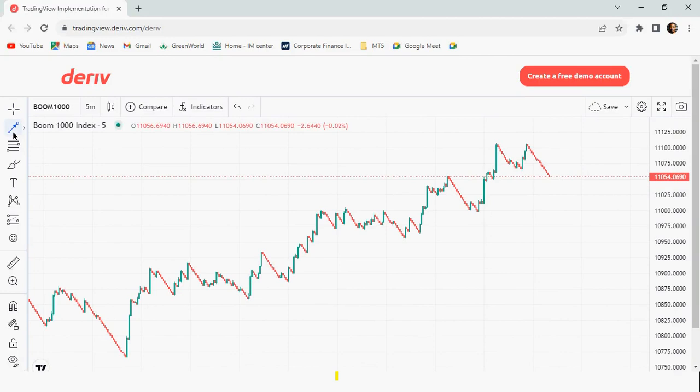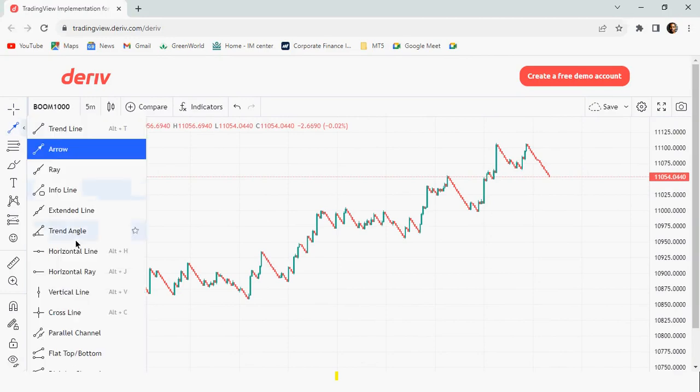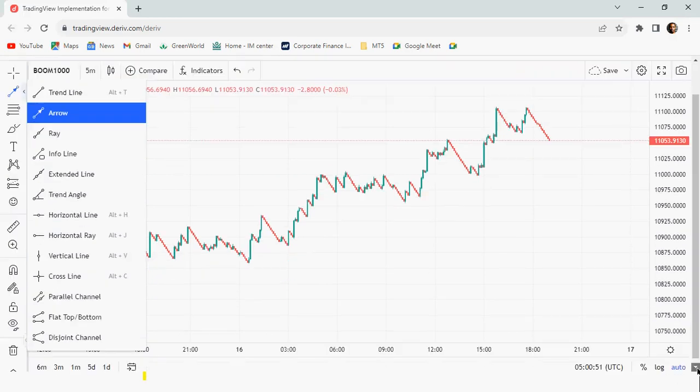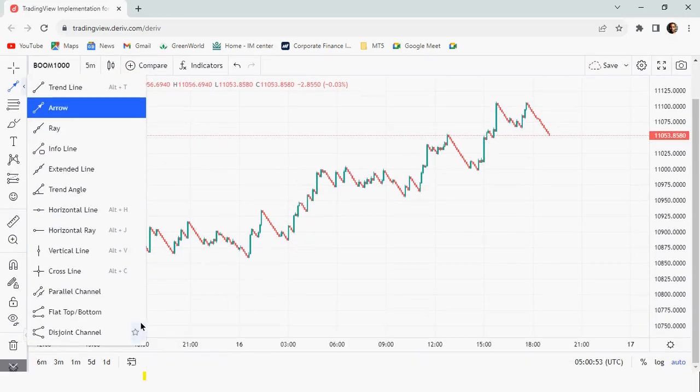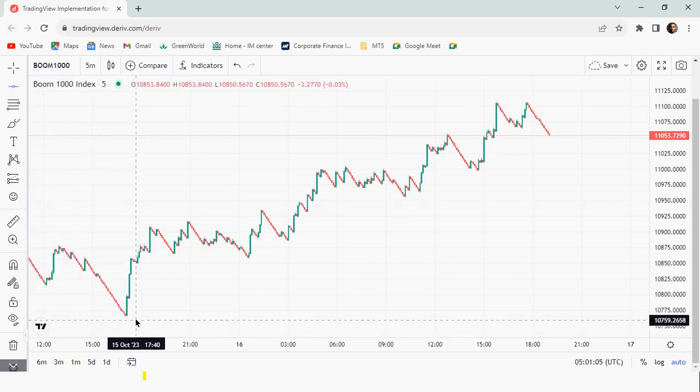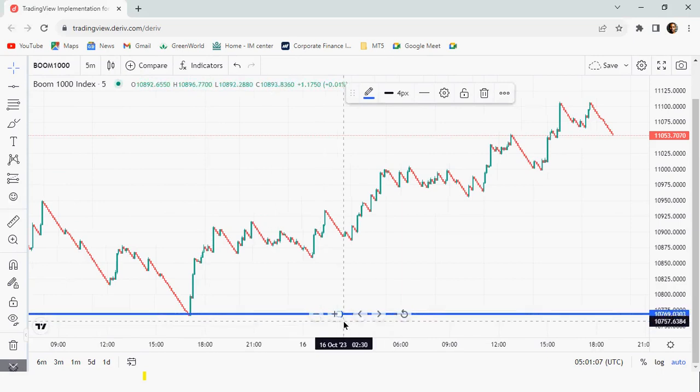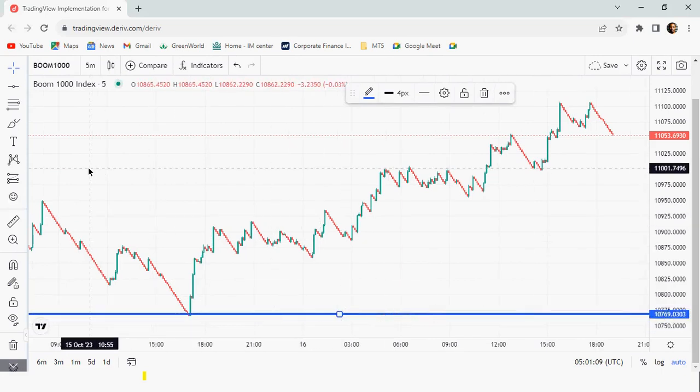Now let us look at our support. We look at our support, horizontal line. So this is where our support is, okay?